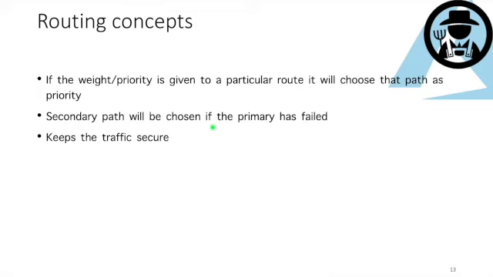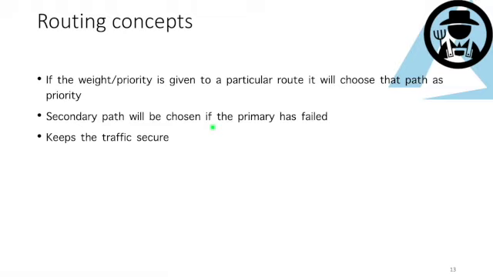Okay, now we're going to look into the routing concepts, and that is required because that is something you must know to understand how ExpressRoute will channel your traffic and how you can effectively use ExpressRoute. It works on a concept called weightage or priority, right?